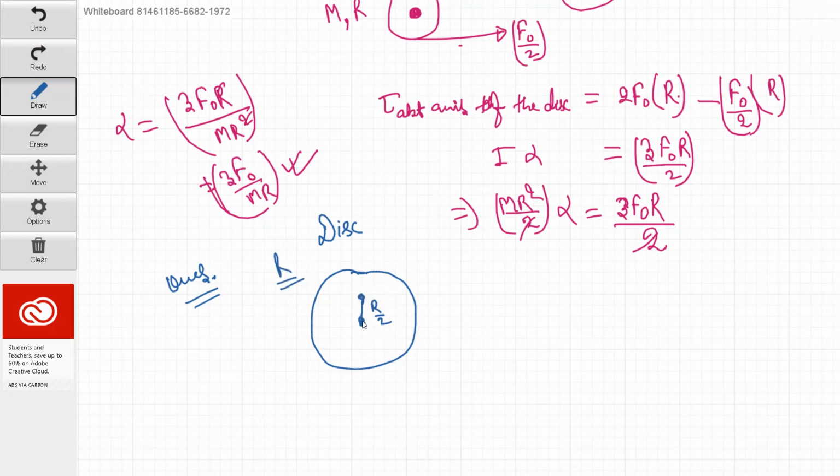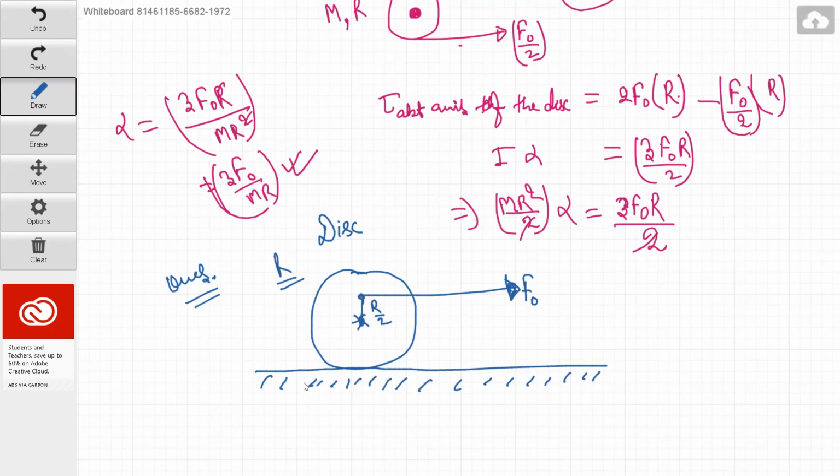At r by 2 distance from the center, you apply a force of f naught. The mass of the disk is m.